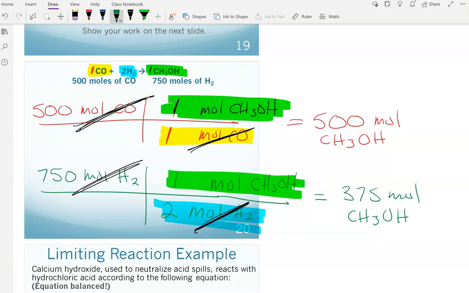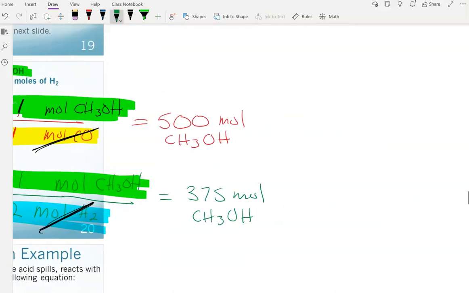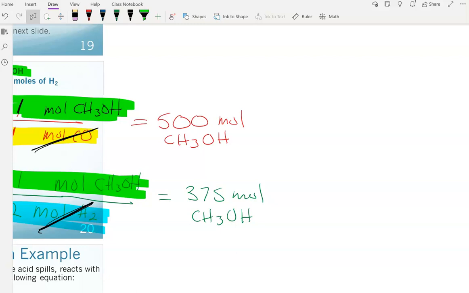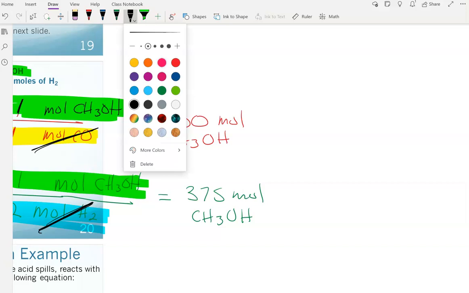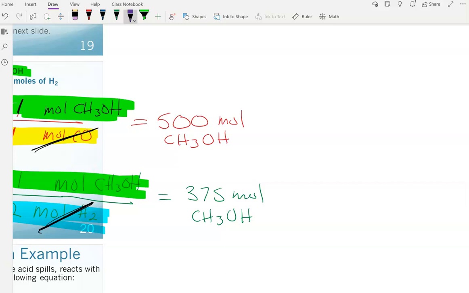So the 500 moles of CO would produce 500 moles of CH3OH, theoretically. And 750 moles of H2 would produce 375 moles of CH3OH. So this isn't my final answer. This is just the work to get to the final answer. My final answer is, when I look at both of these, I can see that this one is less, right? 375 is less than 500.